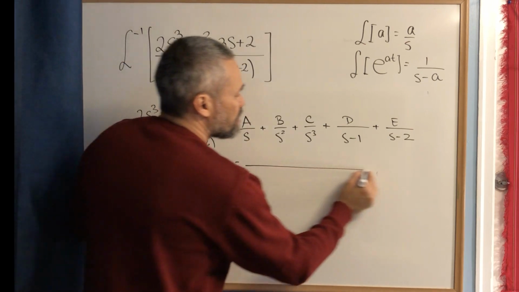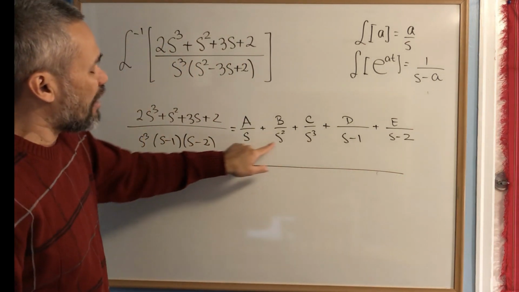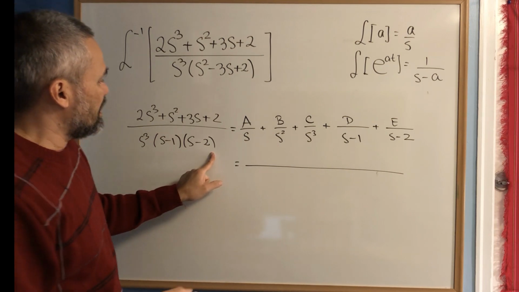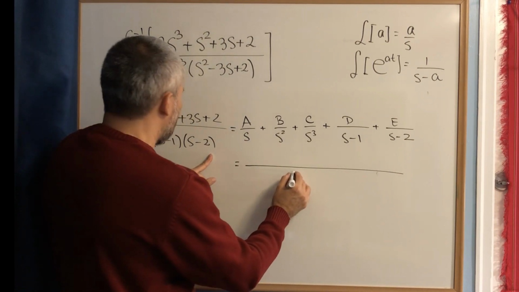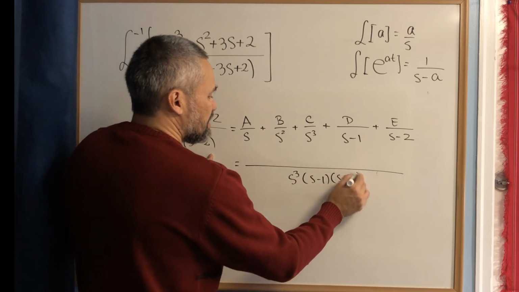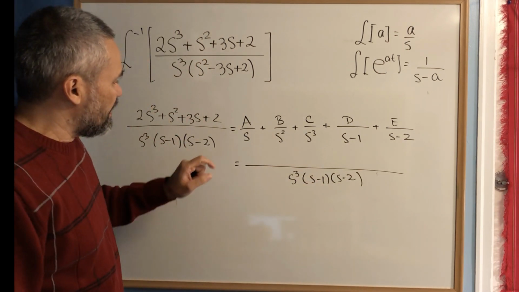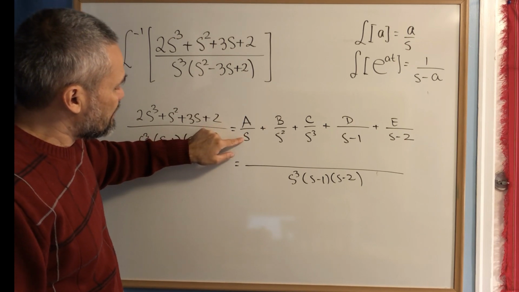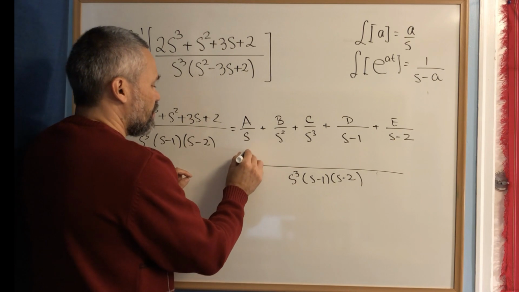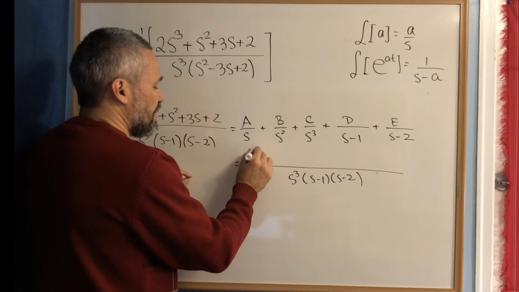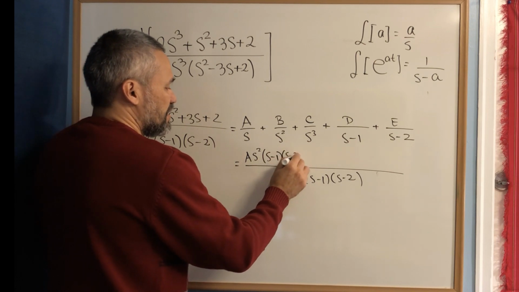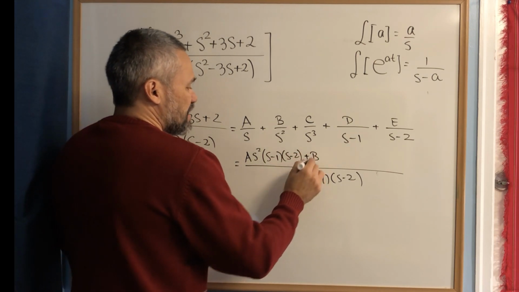Then we have to make sure to write as a common denominator exactly this denominator, s cubed times s minus 1 times s minus 2. What factor is missing to be the whole denominator? We have a times, missing an s squared times s minus 1 times s minus 2, plus b.